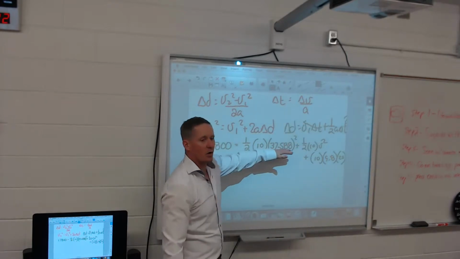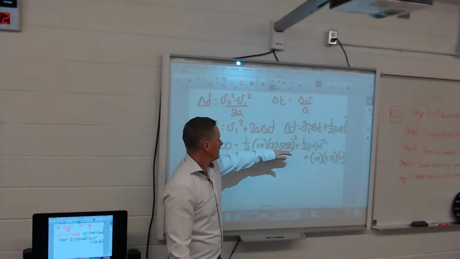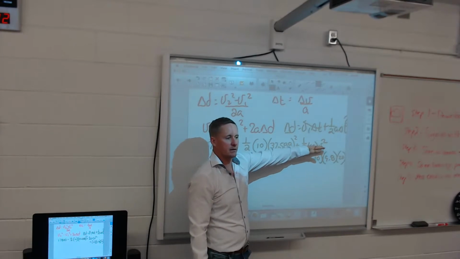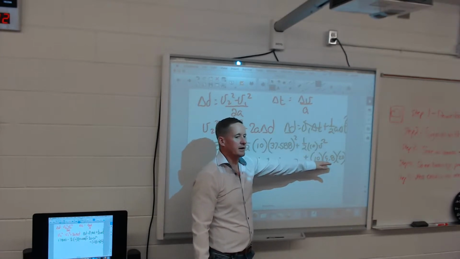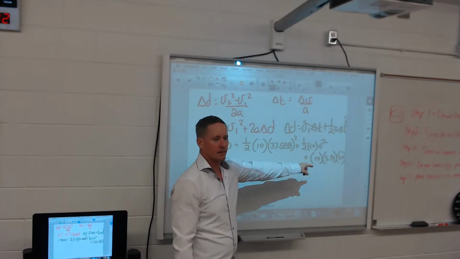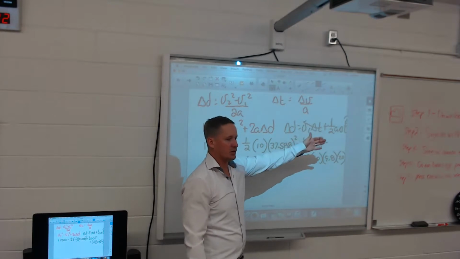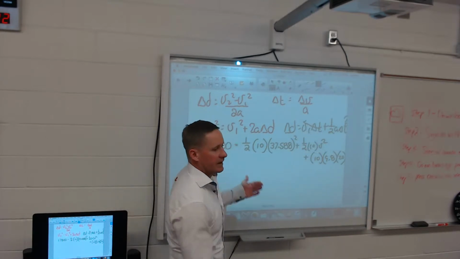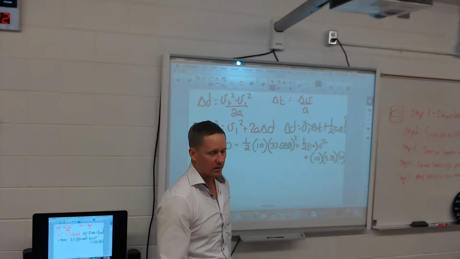So this is your horizontal kinetic energy. This is your vertical kinetic energy. And this is your potential energy 20 meters above the ground. So I take this, subtract that, divide by 5, and then square root it. And I will end up with the exact same answer, which was 41.894.